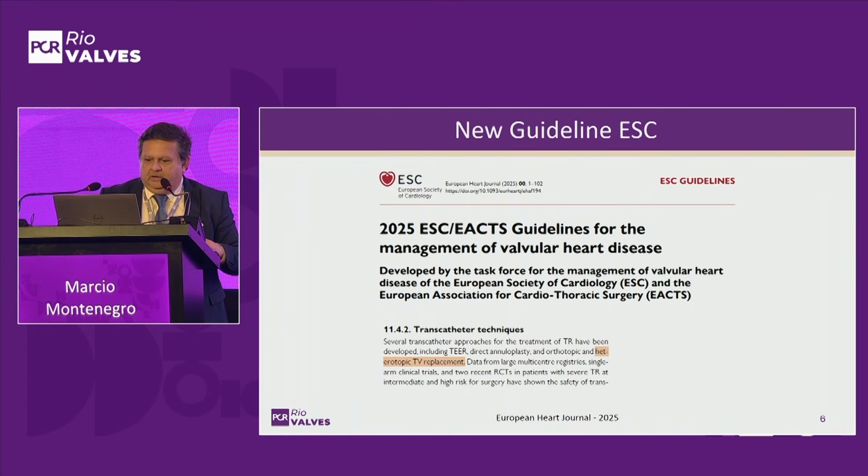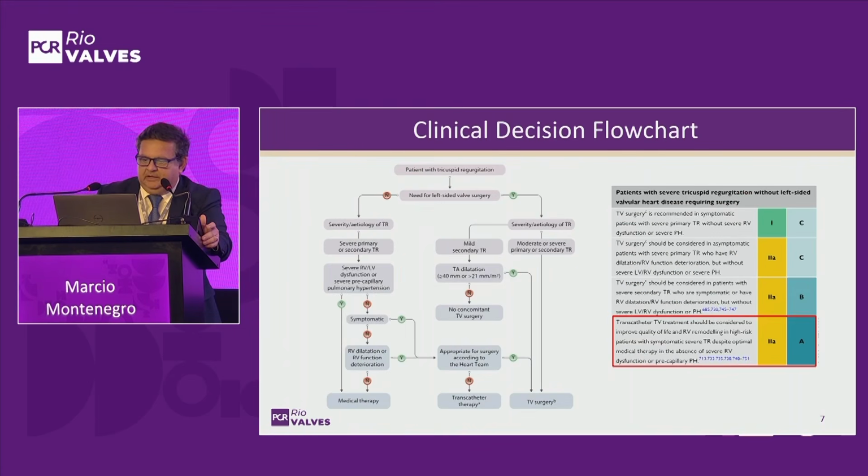The good news is the new guidelines from the European Society have changed for some indications, and they include heterotopic transcatheter valve replacement. And when we see this flowchart, you see that the most important is at the left side, because the right side is okay.